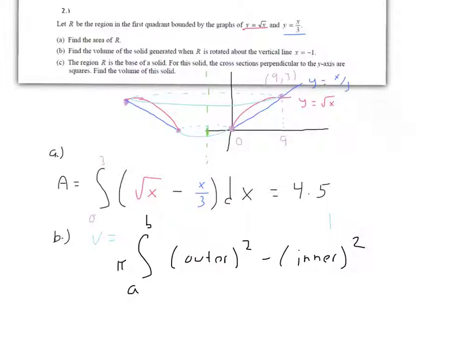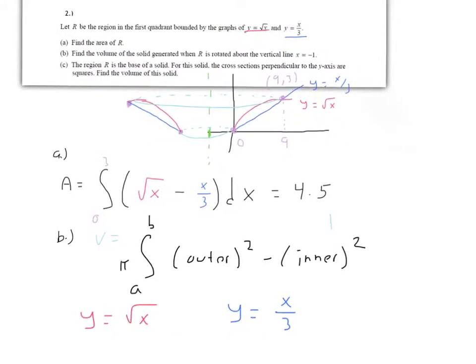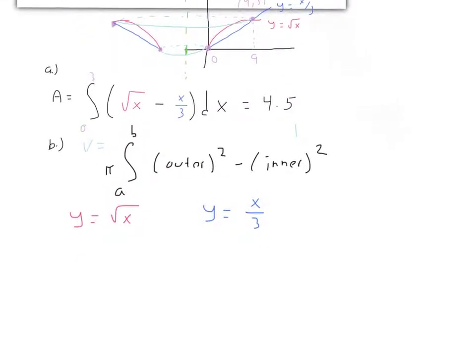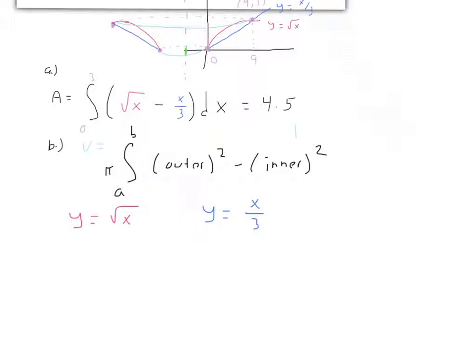However, when we revolve something around a vertical line, we need to take the antiderivative with respect to y. So I need to take my two functions. y is equal to the square root of x, and y is equal to x over 3. And I want to find out what these are with respect to y. So what is x in terms of y? Because we'll square both sides, x is equal to y squared. And x is equal to 3y. We'll multiply both sides by 3.